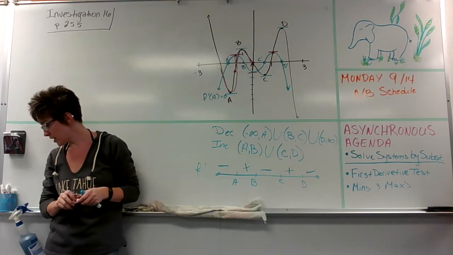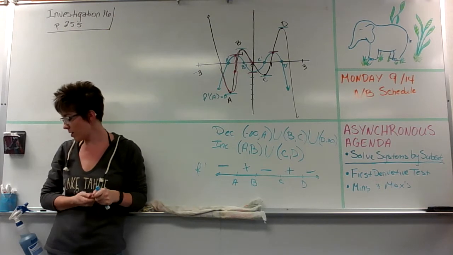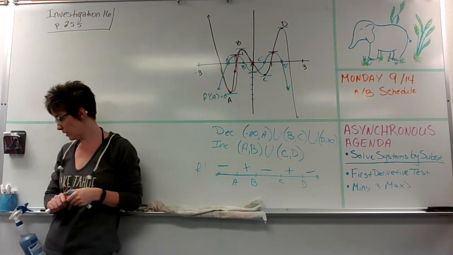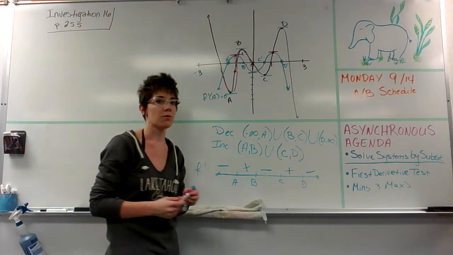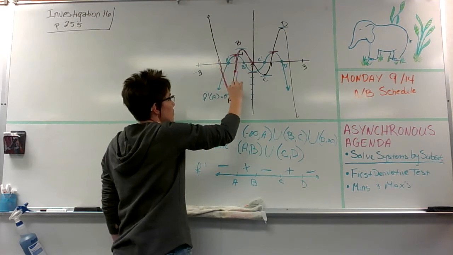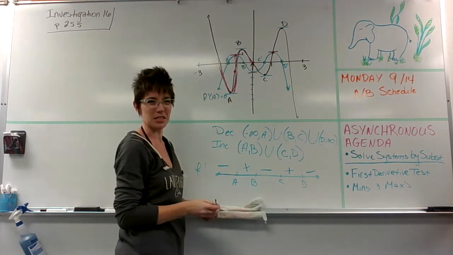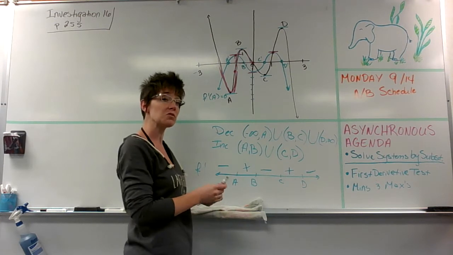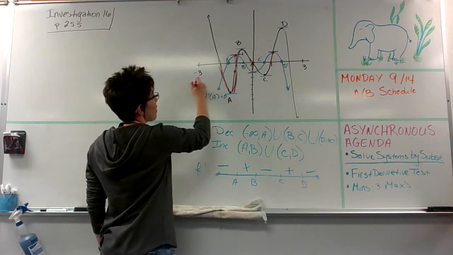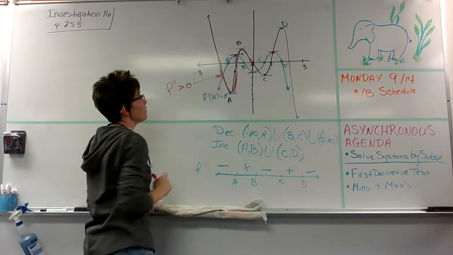Okay, number 6 says, what are the intervals for which f is concave up and concave down? What does this tell you about the values for f prime? So remember that if I'm concave up, and I can't be super specific about the intervals there because they're not really giving me very specific values to use, but essentially if it's concave up, that means that f double prime is positive.